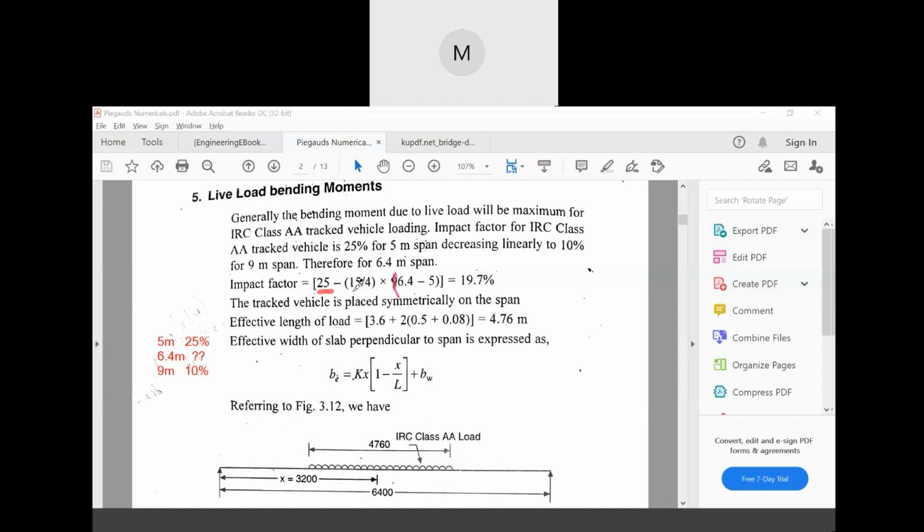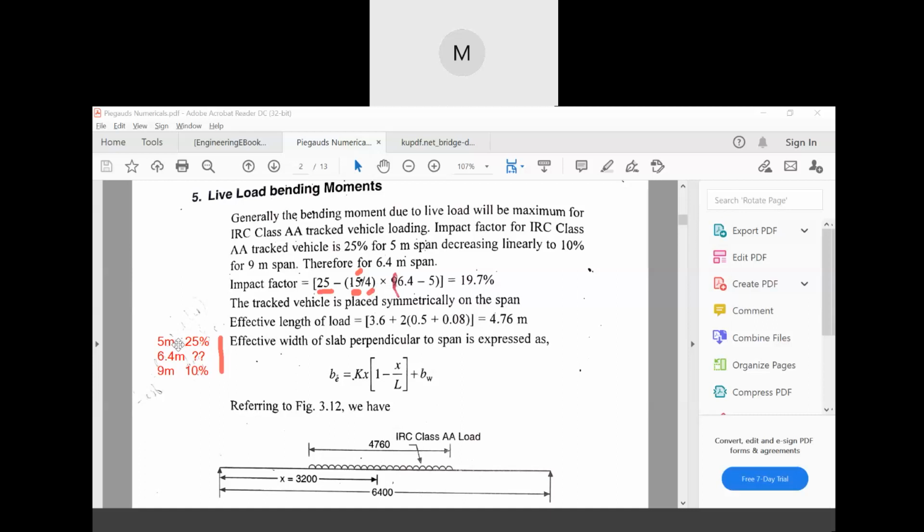Now this 15 by 4, how did this come? Minus 15 by 4. 25 minus 10 is 15. So it came from here, and 9 minus 5, it is 4. It came from here, from this ratio.